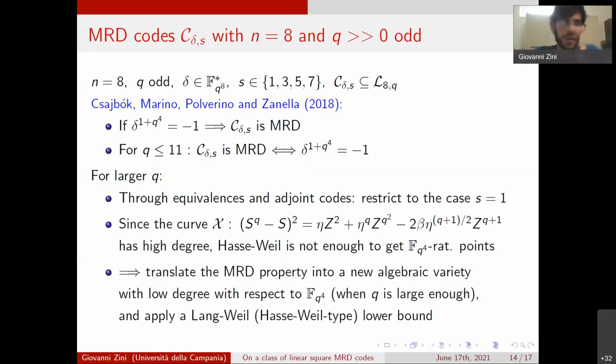So our goal was to translate the MRD property into a different algebraic variety, with low, in particular fixed, degree, so that when Q grows, the degree is small enough with respect to the order of the field, and we can apply a Weil type lower bound, which for higher dimension is named after Lang and Weil.